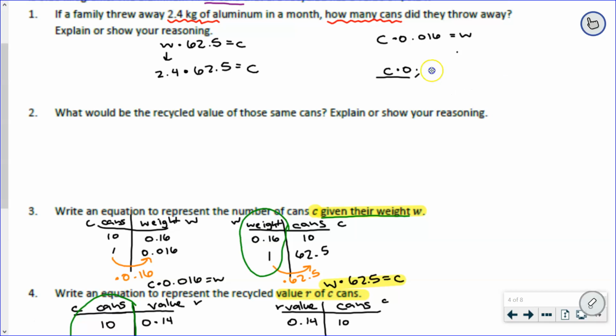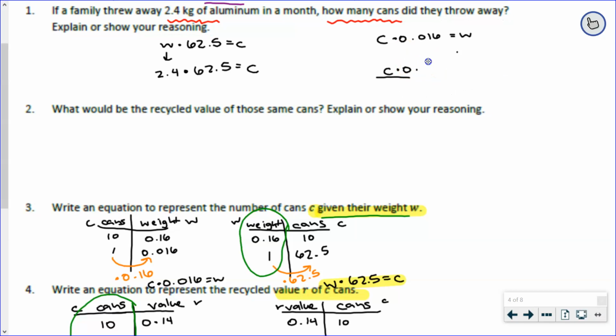But yes, let's make that correction so that we can actually do what I'm trying to do here. 0.016 is equal to W, so I would need to divide not by 0.16, but 0.016. And whatever I do to one side, I'm doing to the other side. So C is supposed to be equal to, this isn't W though. We changed that W to 2.4. Does everyone see? I'm just following through that mistake, fixing everything. So now it's 2.4 divided by 0.016.